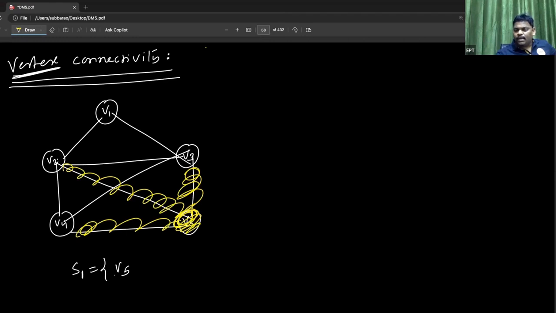Still connected. Am I right or not? Now I will do V2 also. If I delete V2, V2 will go and its adjacent edges also will go. Now is the resultant diagram connected or disconnected? Still connected.